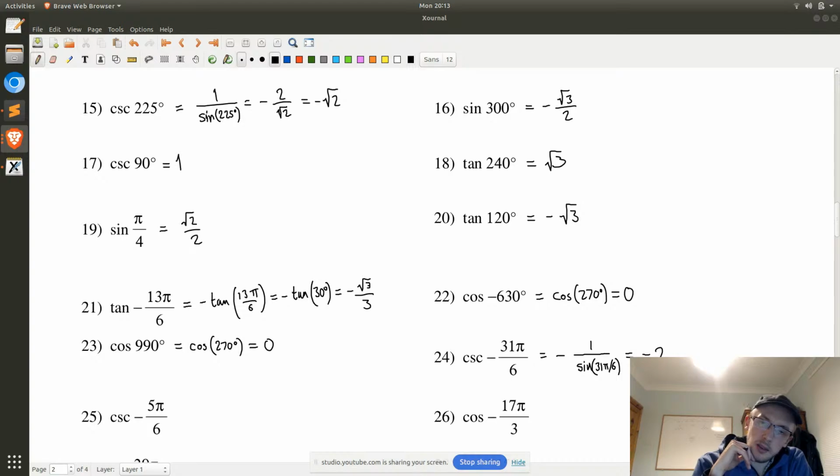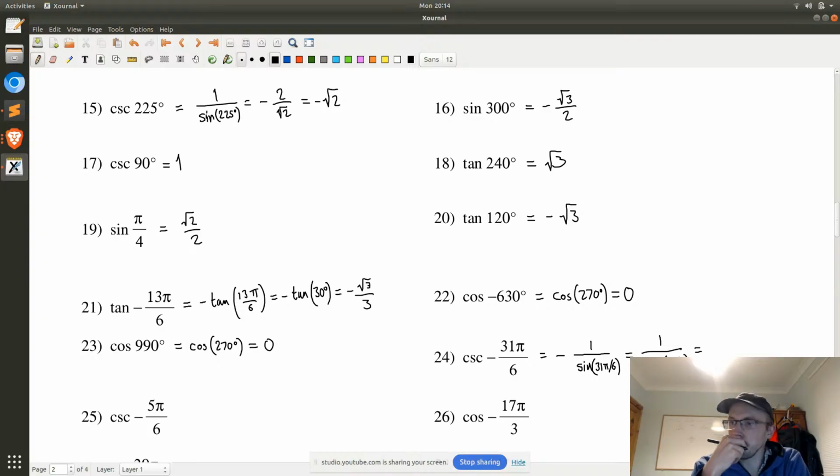You see, 31 pi over 6 is 5 and 1/6 of pi, which, when you subtract 4 pi, gives 1 and 1/6 of pi, or in other words, 7 pi over 6.